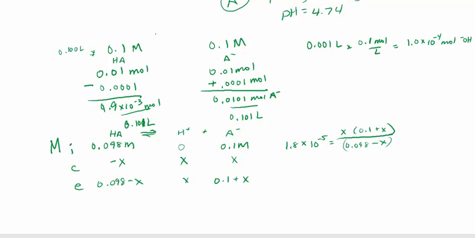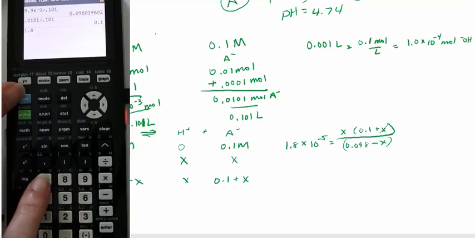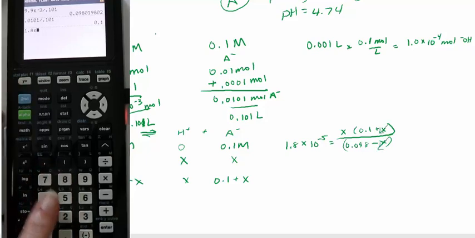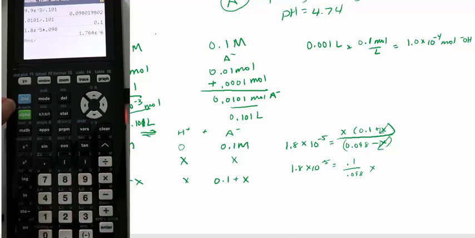So I have 1.8 times 10 to the negative 5 equal to 0.1 over 0.098x. X is equal to 1.76 times 10 to the negative 5.